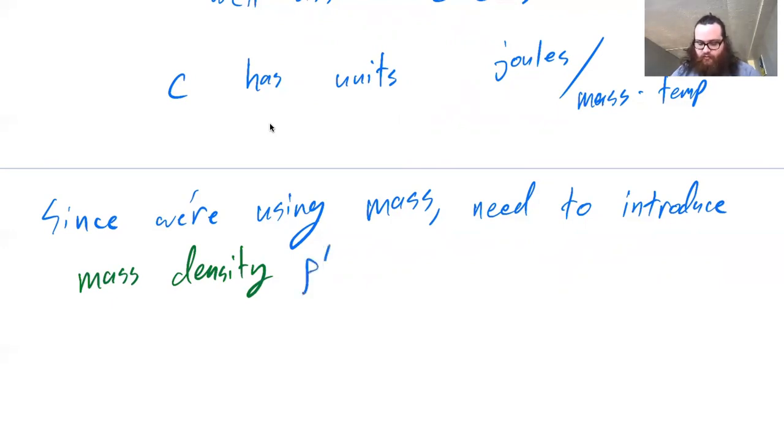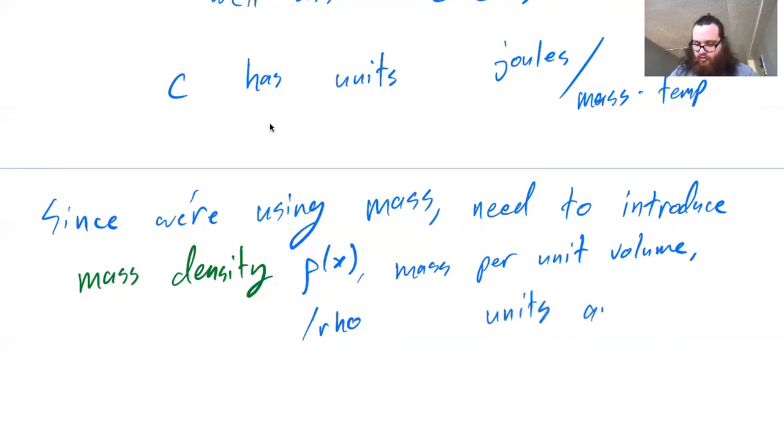And usually for mass density, we're going to use the Greek letter rho, \rho in LaTeX, which just means density. This is mass per unit volume, right? And so the units are mass per, say, meter cubed or what have you.